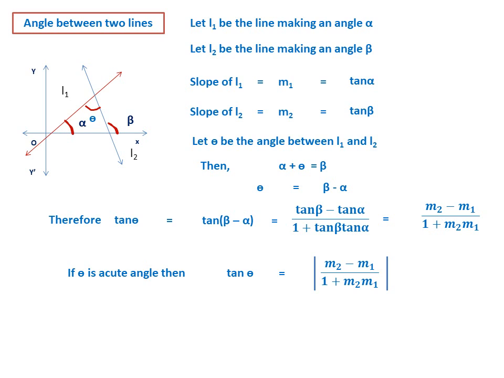Therefore what you have to do is put mod, so that you only take the positive value. That positive value will give you the acute angle between them. Suppose it is negative, you need not worry, it is the obtuse angle, linear pair. Therefore that is not a difficult issue. So tan theta formula is therefore mod of m2 minus m1 divided by 1 plus m2 m1 or m1 m2. So this is the formula. So this you have to remember.